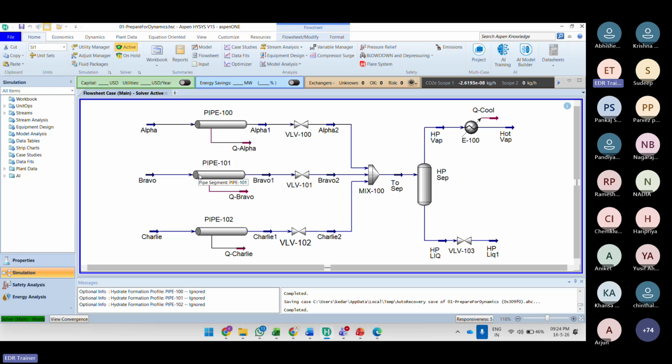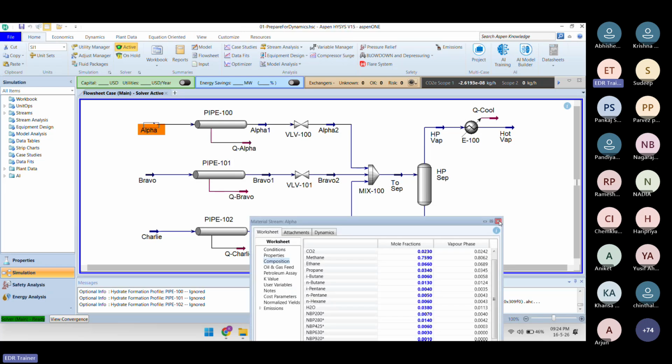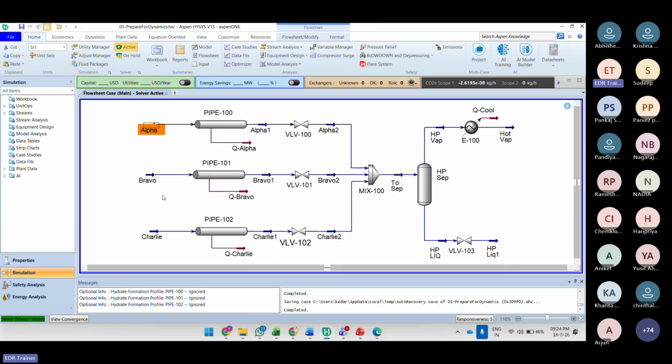So it is not a very complicated simulation model. Let us open it. You can see there are three streams coming from three different wellheads. Let's give them names: Alpha, Bravo, and Charlie.